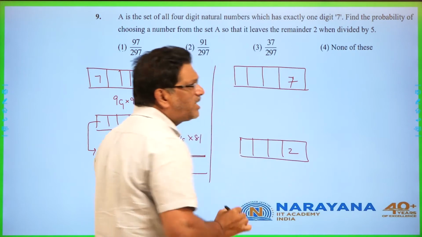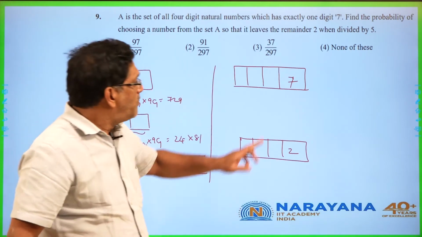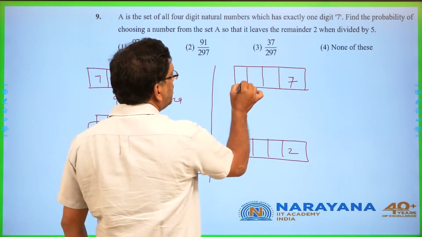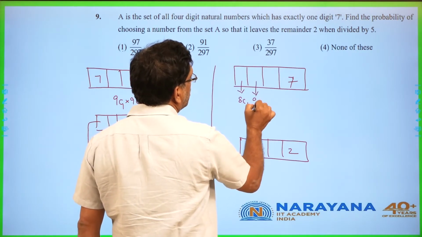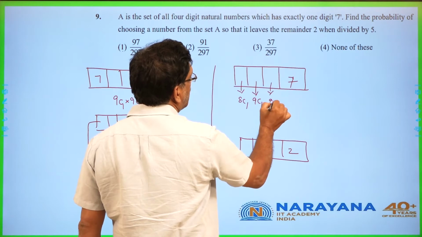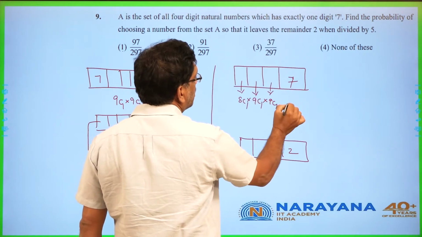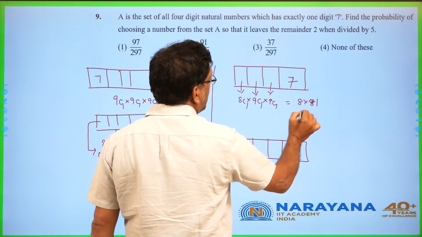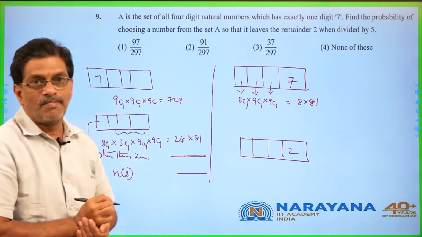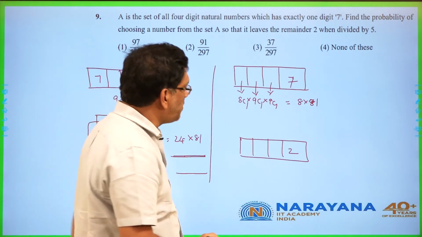These are the only 2 cases. So when 7 is already occupied here, 8C1, and here, as repetitions are allowed, it is 8 times 81, one case. Under this, there are 2 possibilities.